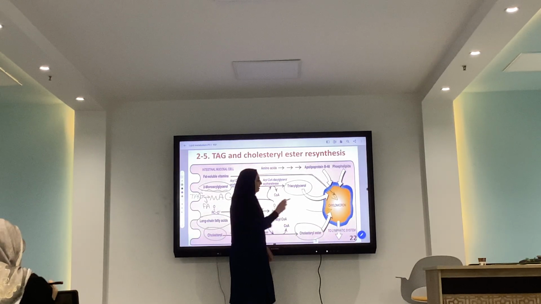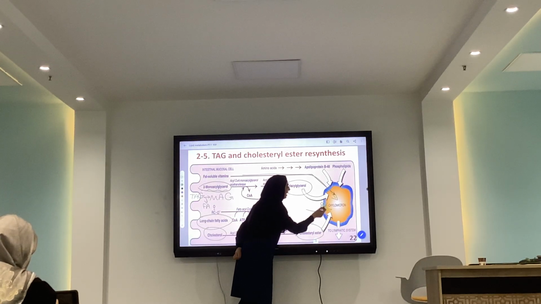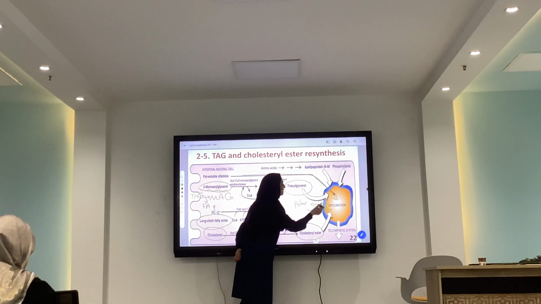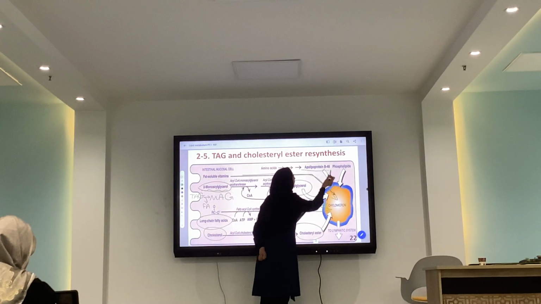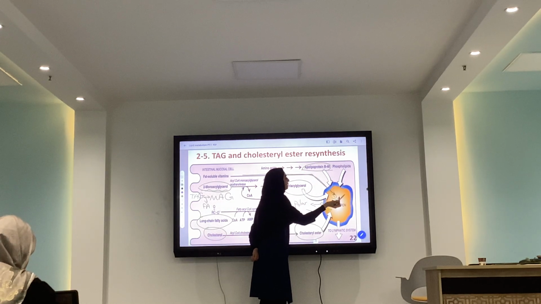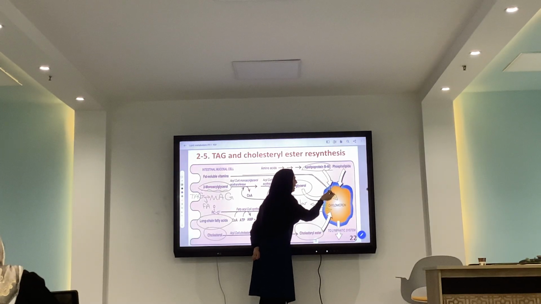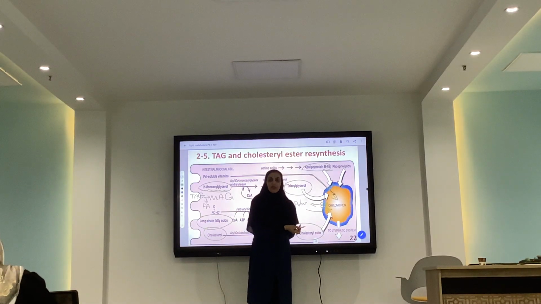How? Do you know the phospholipids? They have a polar head. The phospholipids come to the surface. Also, we have a protein under the name of apoprotein. In chylomicron, ApoB48 comes to the surface and makes it soluble in blood circulation.